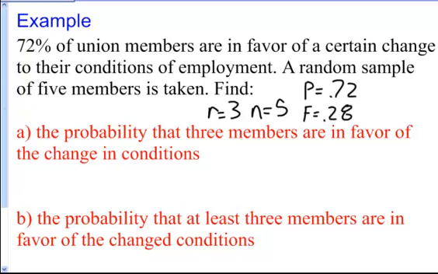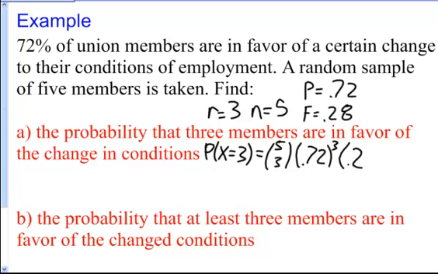So the probability of x when x equals 3 is 5 choose 3 times 0.72 to the third times 0.28 to the second. That's the probability of our successes and our failures.